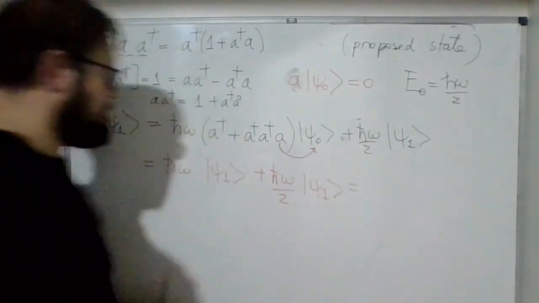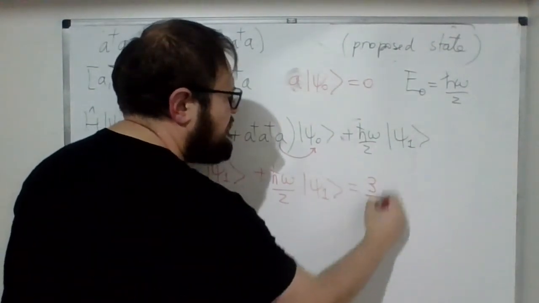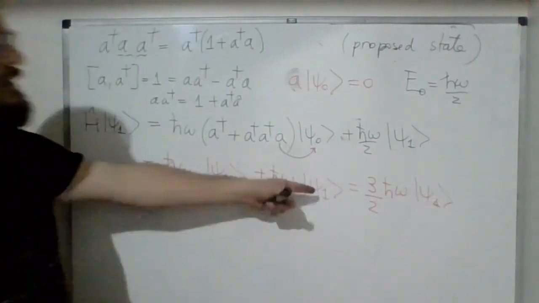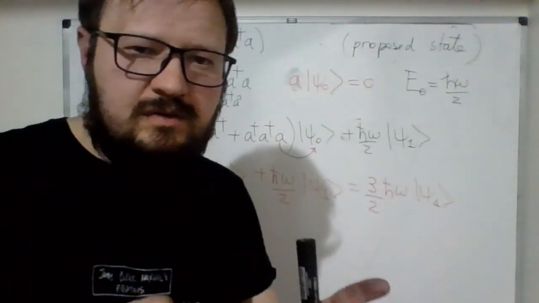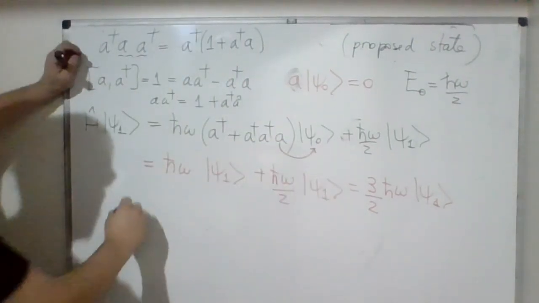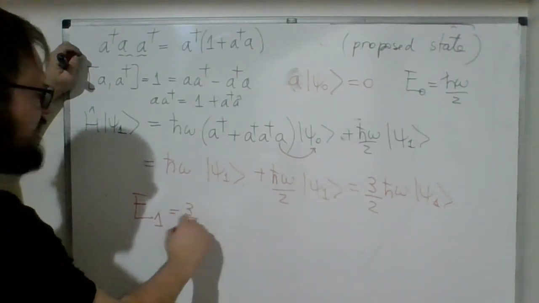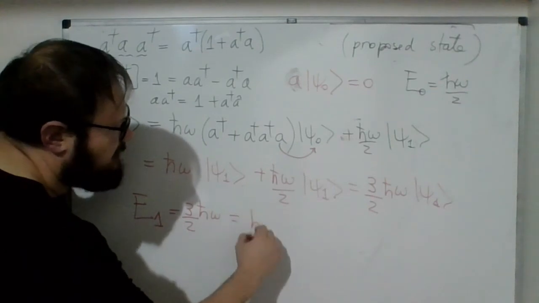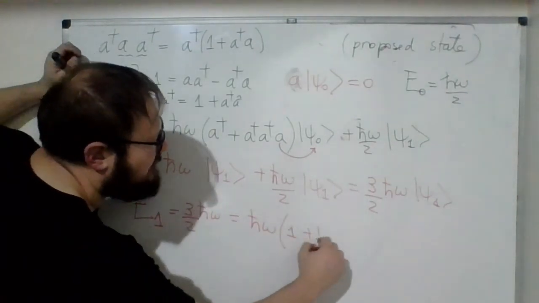And this way, I have a constant which corresponds to 3/2 of h bar omega times psi 1. And now I have found that psi 1 is also an eigenstate of the Hamiltonian, but with energy E1 corresponding to 3/2 h bar omega, but it's just h bar omega times 1 plus 1/2.